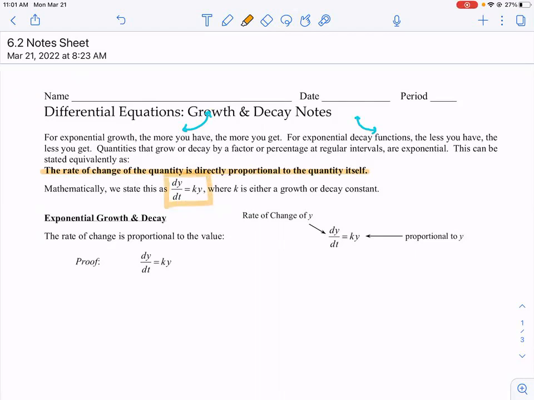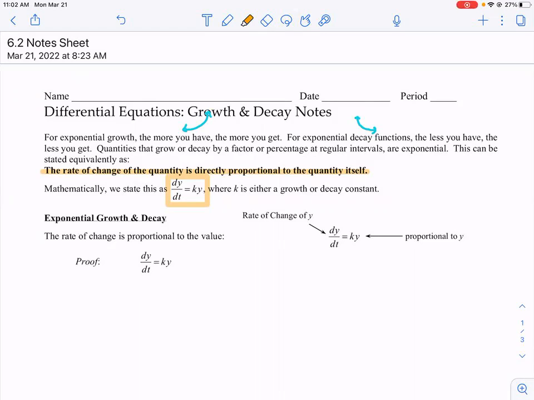Mathematically, that means the rate of change, that slope, the derivative, is directly proportional to the amount itself. Directly proportional means there's some number, a scalar k, multiplied to the quantity itself, y. So dy/dt equals ky.